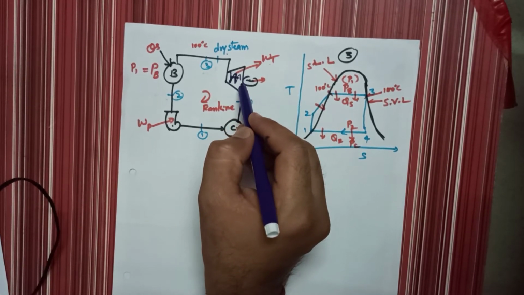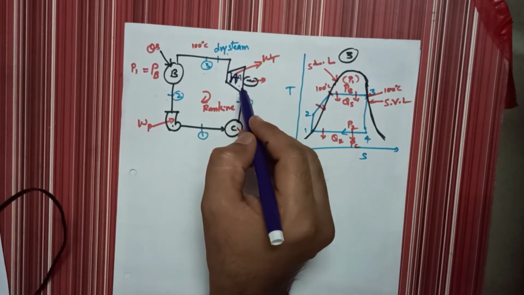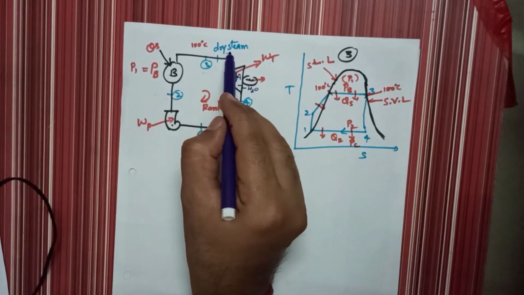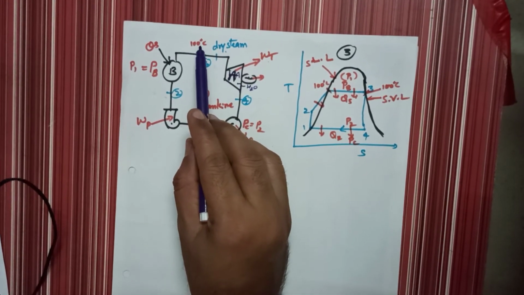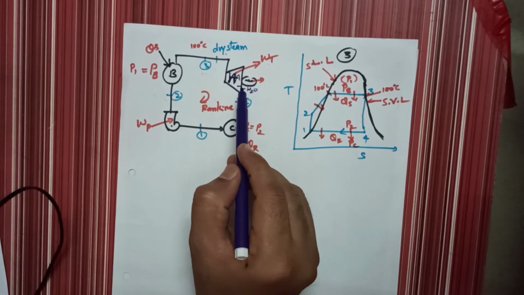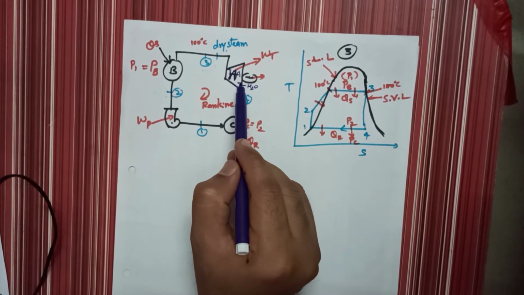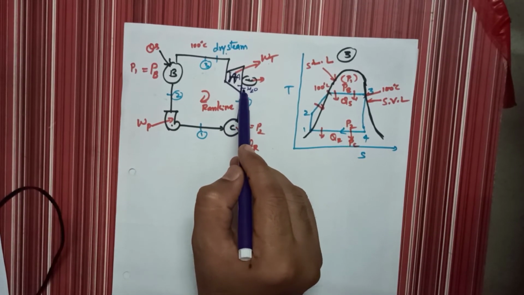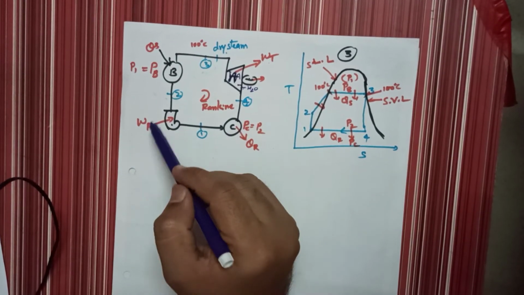Fourth stage, 50 degree. So at the last stage of the turbine, there is a chance of formation of water. If you supply 100 degrees Celsius dry steam, there is a chance of formation of water inside the turbine. So this may lead to corrosion of the blade. So the blades undergo corrosion. The water will come outside and enter the condenser. The same process will continue.